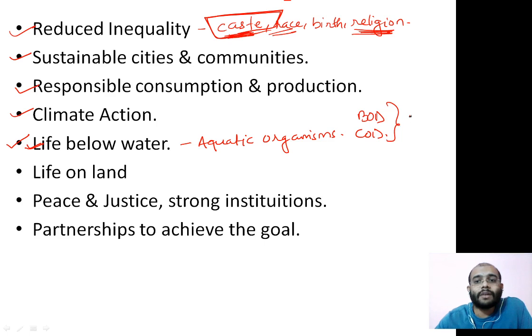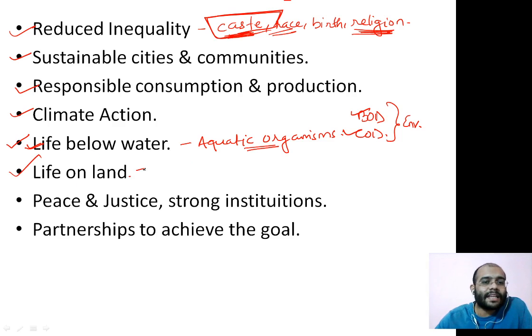You will read these terms in your environment classes. This makes the home of these aquatic organisms highly polluted.